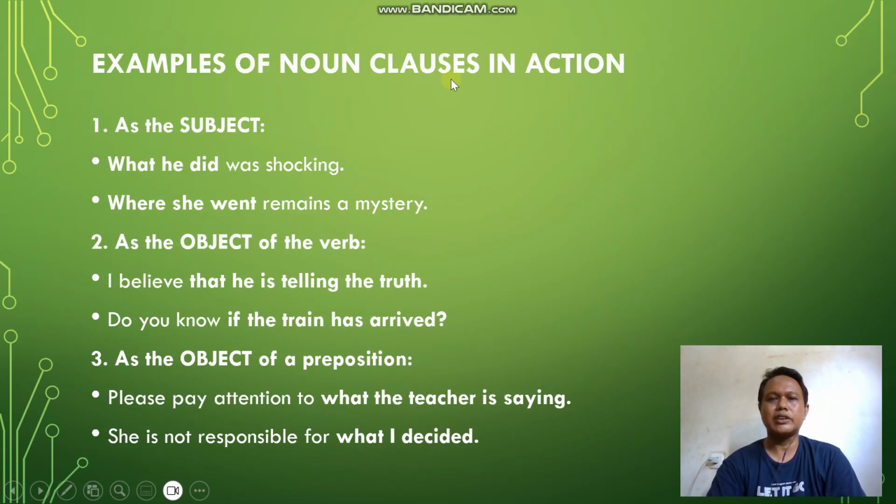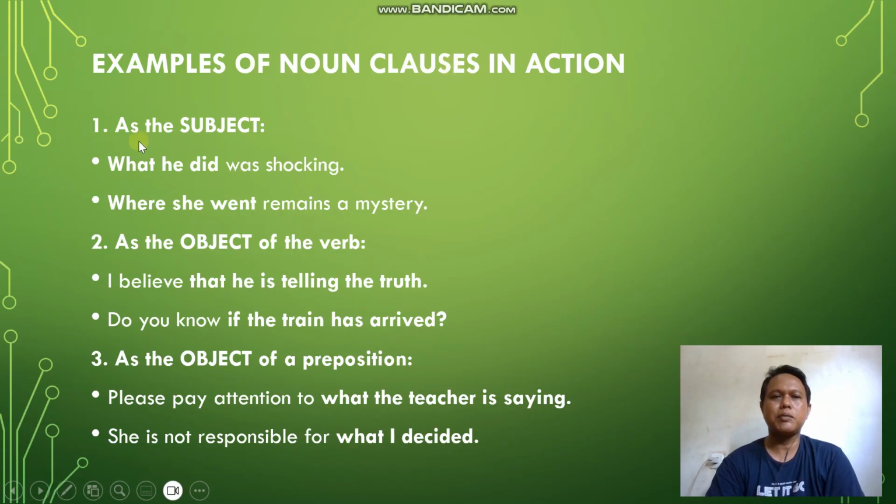Examples of noun clauses in action. In the previous slide, we explained the function of the noun clause. It can be a subject, an object, or an object of a preposition. Let's identify examples. First, as the subject.